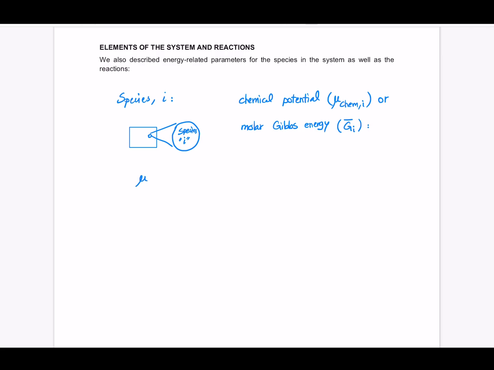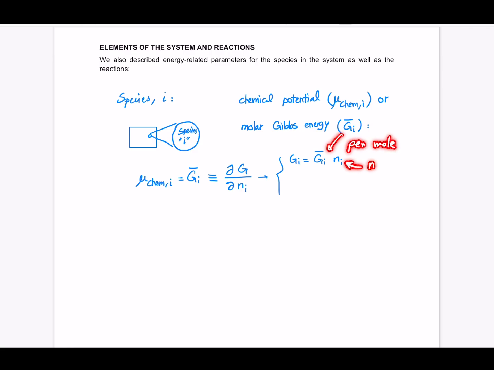And quantitatively speaking, we had this G_i per mole, the molar one, which is based on the definition how much G would change if we add or remove 1 mole of I. And then we can expand this so the total G related to species I is basically per mole times how much mole we have.